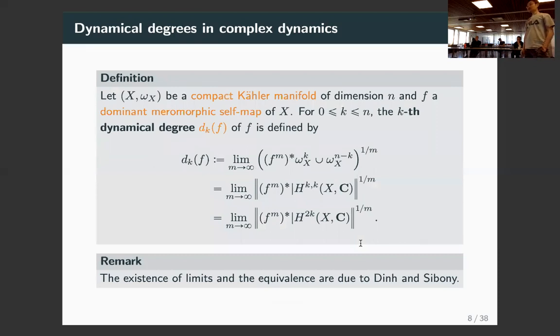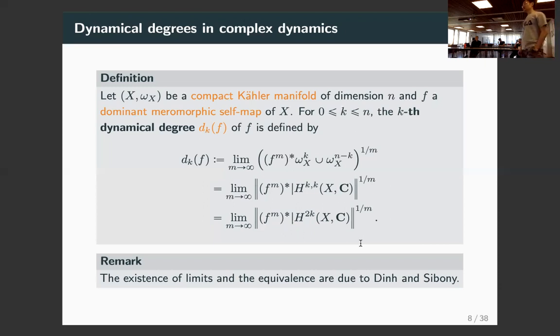Okay, so now I need to talk about the dynamic degree in complex dynamics. Previously I only talked about this spectral radius, but it turns out in complex dynamics this spectral radius is quite close to some dynamical property. So it's a special case of the dynamic degree. So in general, for a dominant meromorphic self-map of a complex manifold, the k-th dynamic degree of this meromorphic map f is defined by the following limit.